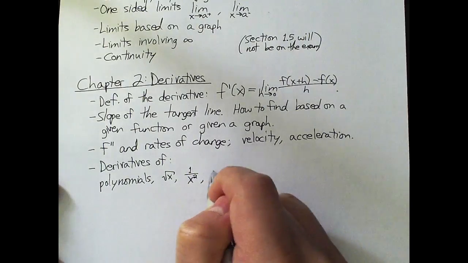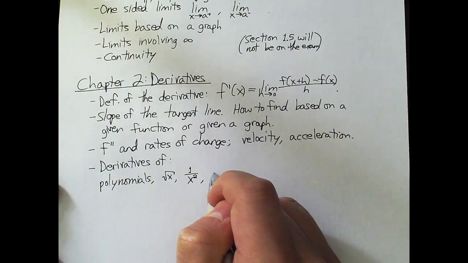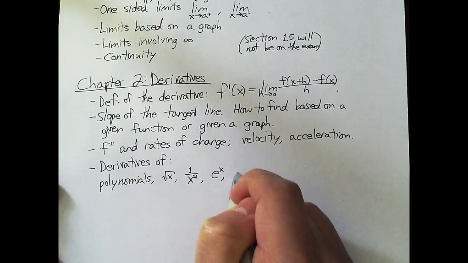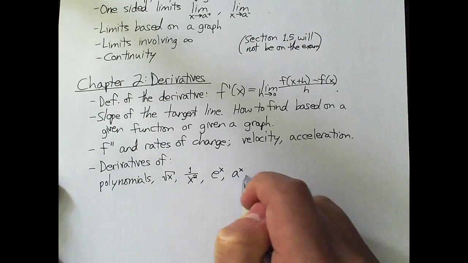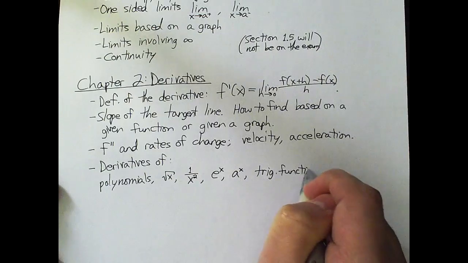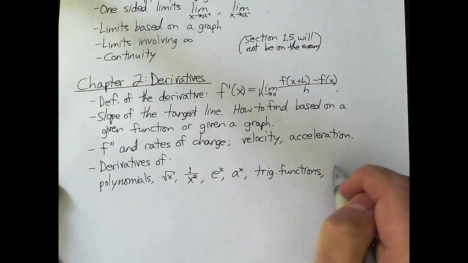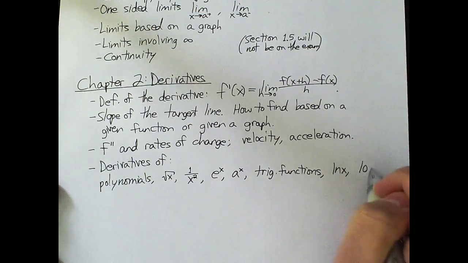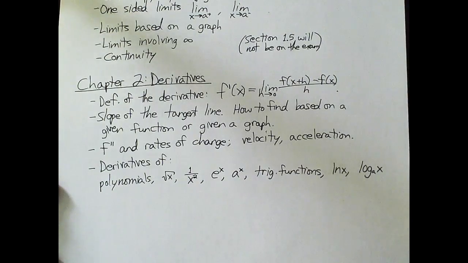X raised to a power is basically the rule. And then we had rules for e to the x, a to the x, trig functions. Some of these got their own sections. ln x and log base a of x.